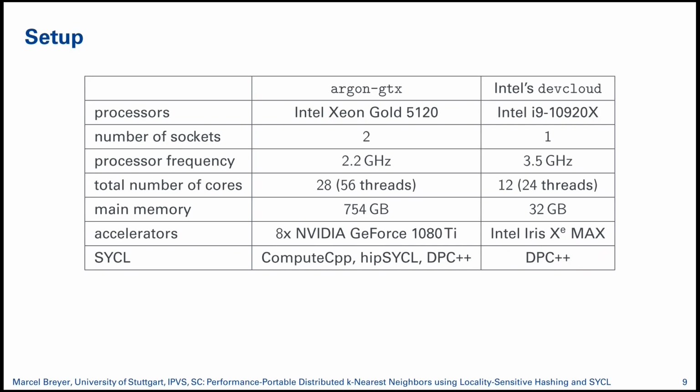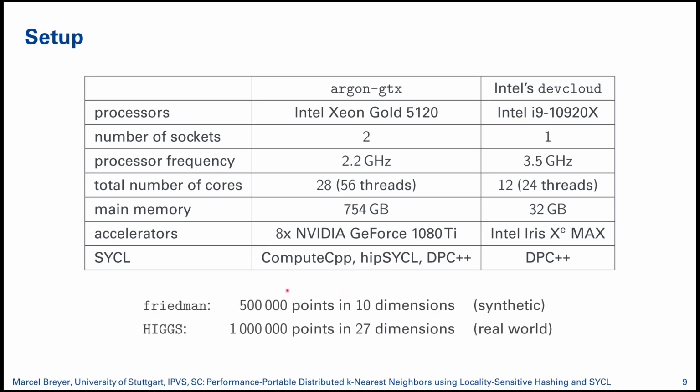Unfortunately, due to hardware limitations, it was only possible to get results on a single node system. Additionally, I've used 2 datasets, the Friedman dataset consisting of 500,000 data points in 10 dimensions, and the Higgs dataset consisting of 1 million points in 27 dimensions, which is a real-world dataset.